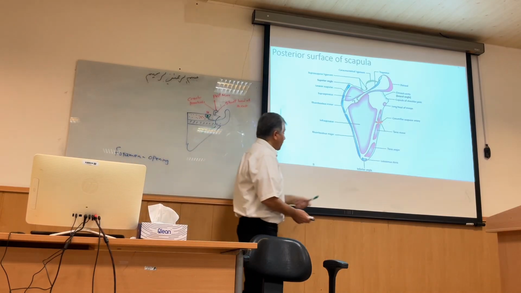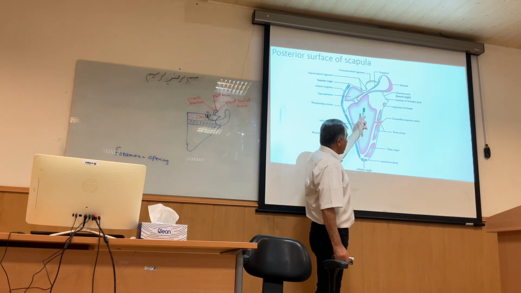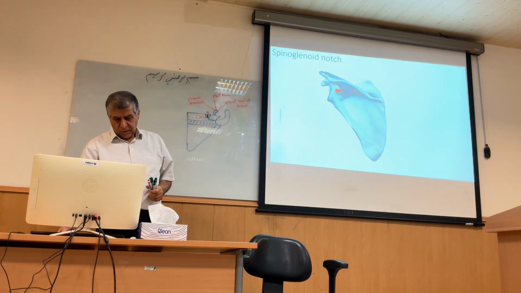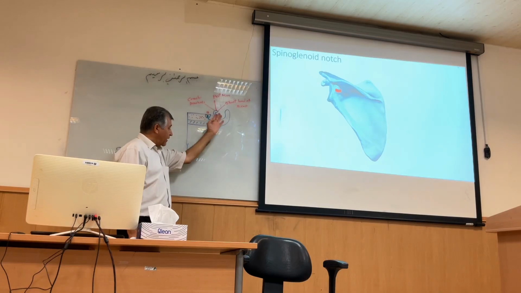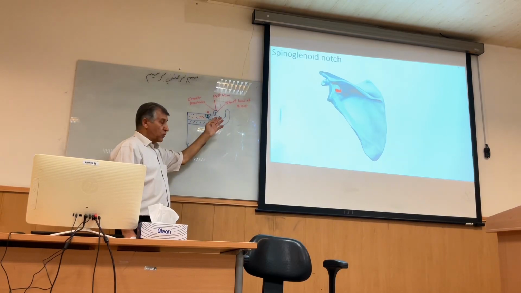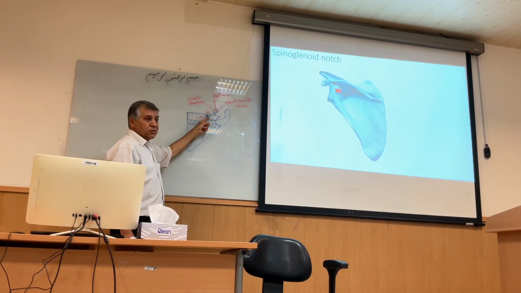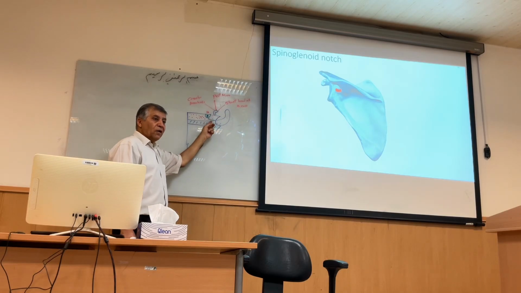Posteriorly, we can see the spine of the scapula. Above it, supraspinatus, below it, infraspinatus, arise from it. There is a notch between the spine and the glenoid. This notch is the passage of the suprascapular nerve. This notch is called the spinoglenoid or glenospinal notch.